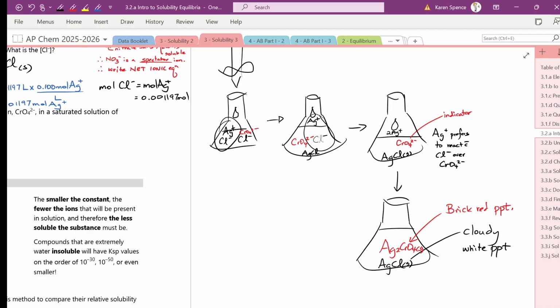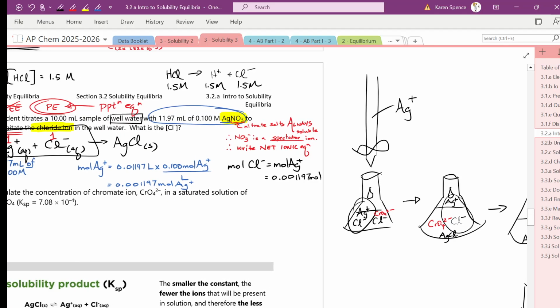All right, so the moles of chloride is equal to the moles of silver, and then we would need to find the concentration of the chloride ion, so that's going to be 0.001197 moles divided by, and I'm going to give you an option here. Is it going to be 10 mL?